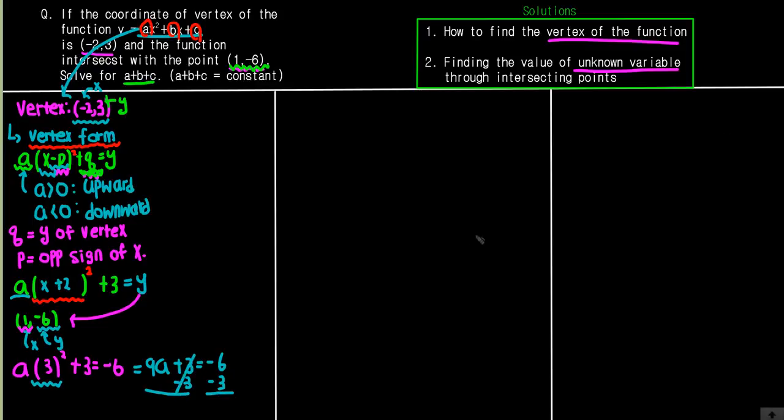We get 9a is equal to negative 6 minus 3, which is going to be negative 9. And here we need to divide 9 from both sides so that we can isolate the value of a. And 9 and 9 are going to cancel out as 1. We will get the a value is equal to negative 1.